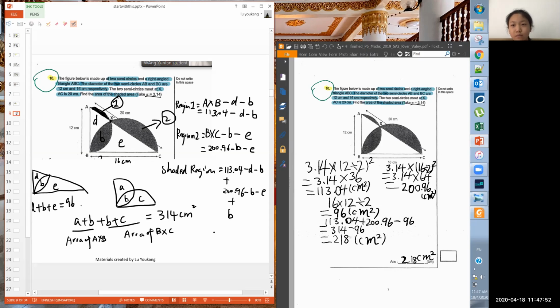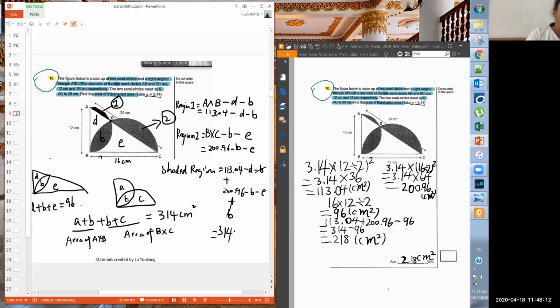So this minus B and plus B, they cancel each other. So you end up with 113.04 plus 200.96, which is 314.